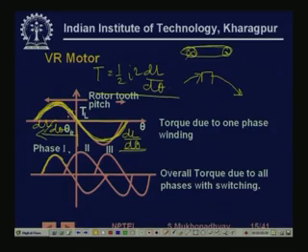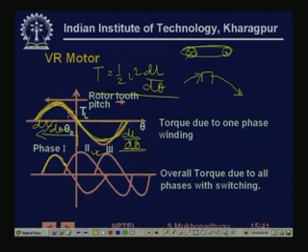Unless you change the excitation to phase 2, the rotor torque will actually turn negative. If you maintain the phase excitation, the rotor will rotate and then come back because it has a negative torque. But by the time this torque falls, you have switched on phase 2. Now with respect to phase 2, the same rotor tooth has a positive torque.